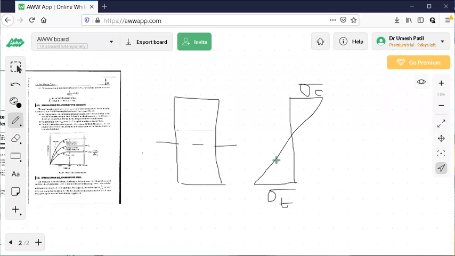Now as you can see here, all these layers are compressed till the neutral axis, but not to the same extent. Topmost layer is compressed to the maximum extent, and the layer which is very close to the neutral axis is compressed to a very small extent.